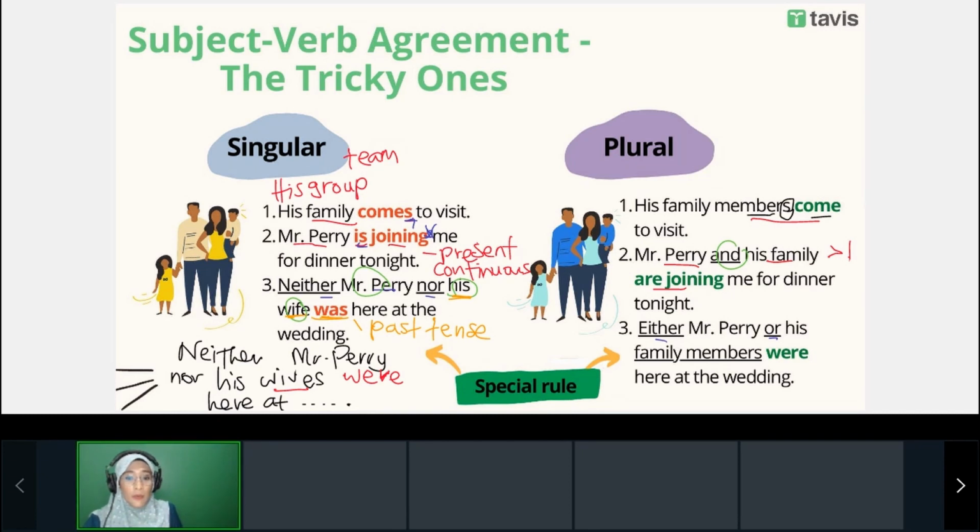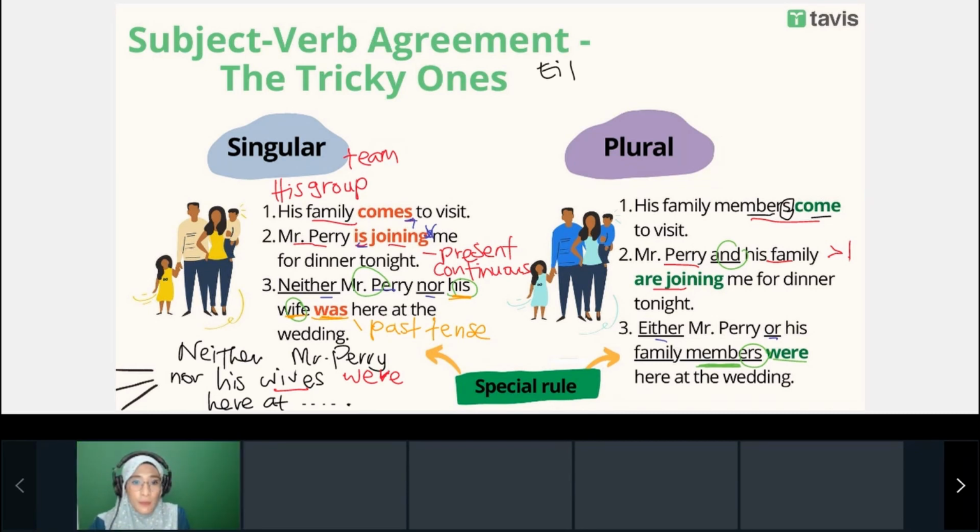So either Mr. Perry or his family members, again, family members were here at the wedding. So you need to match your verb with whatever noun, or we call this the subject, whatever subject that you have before the verb.